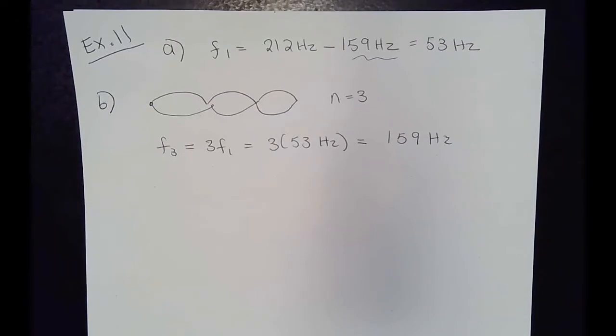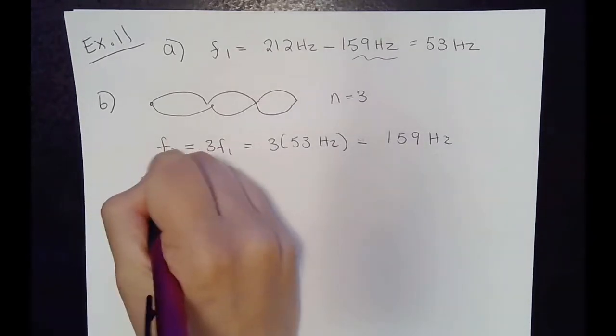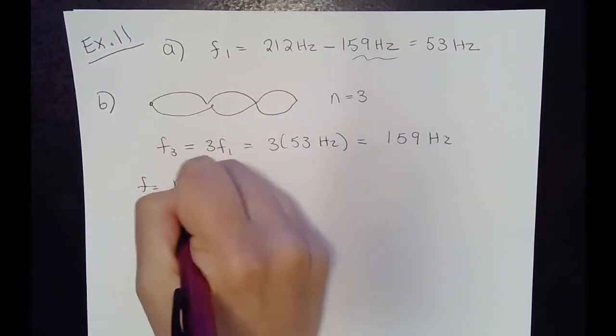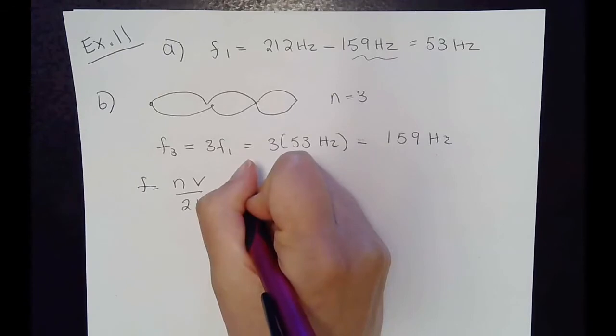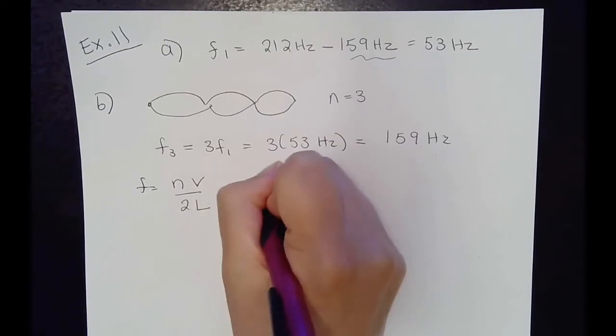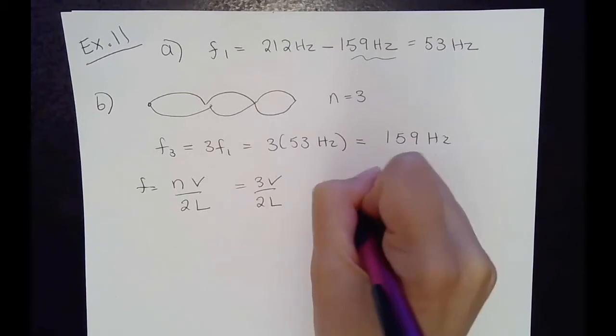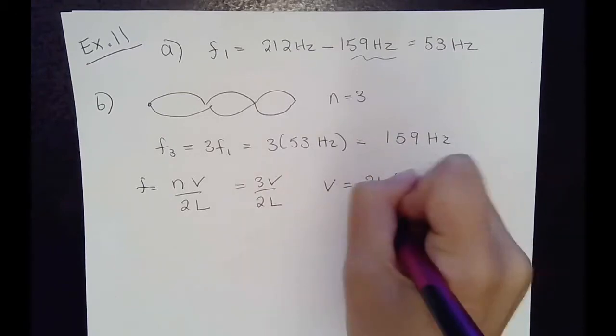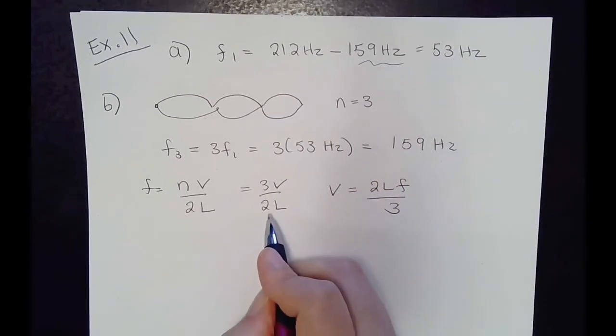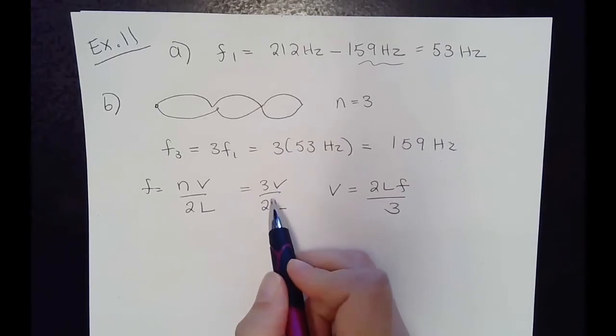And then what we want to find is the tension. So we'll need the wave speed to do that using f equals nv over 2L. We get 3v over 2L if we plug in that integer. So then v is 2Lf over 3, just rearranging here for the speed.